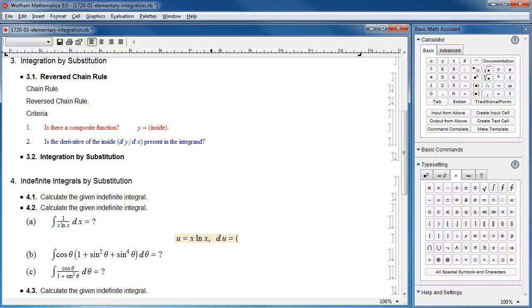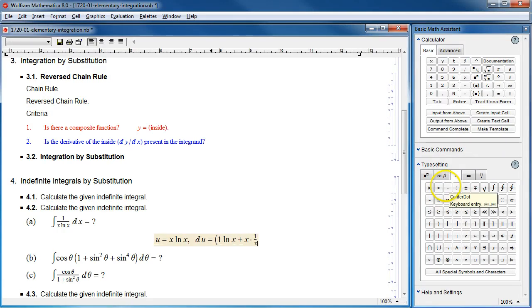So take the derivative using the product rule: 1 times log of x plus x times the derivative, 1 over x, du dx, excuse me, will be my answer. So if you solve for dx, then dx will be du over something complicated in the denominator. Wait a minute, this is not really working out.